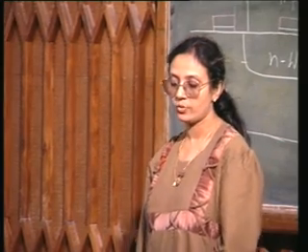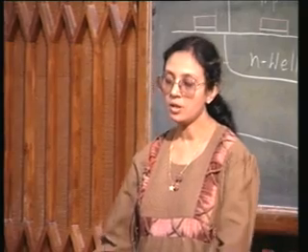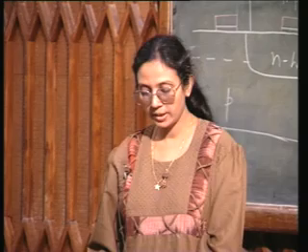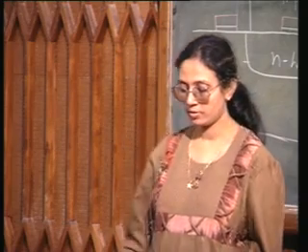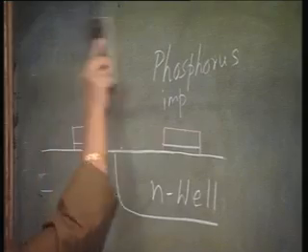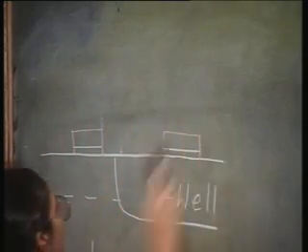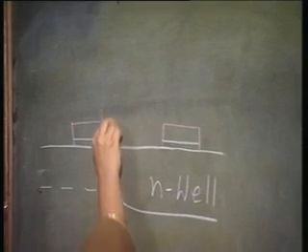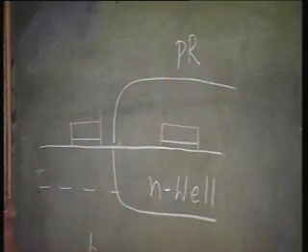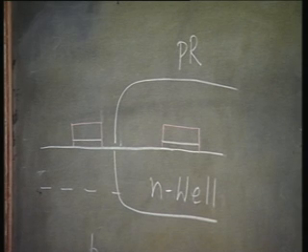After this Nwell is formed, you do a low energy boron implantation. You just protect this region now with photoresist, and do a low energy boron implantation.